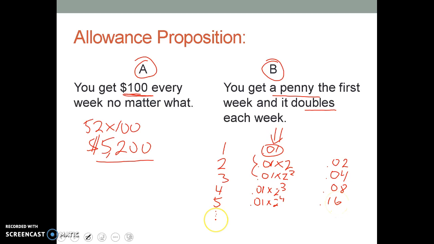Well, let's skip down and figure out what we would get after the 52nd week. Again, we started with a penny, and we would multiply that penny times 2, not 52 times, but 51 times. So times 2 to the 51st power.